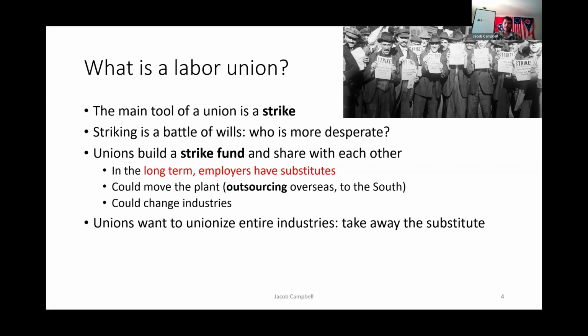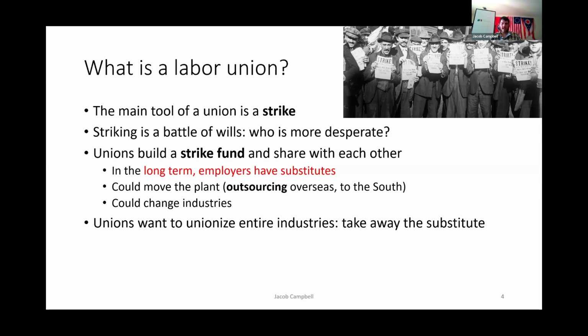And there are going to be tools that both unions and employers will use to try to win strikes. So, for example, unions build what's called a strike fund. When you join a union, you pay dues into the union. And these dues go towards paying for the typical stuff, paper at the meeting, whatever fun parties they have.